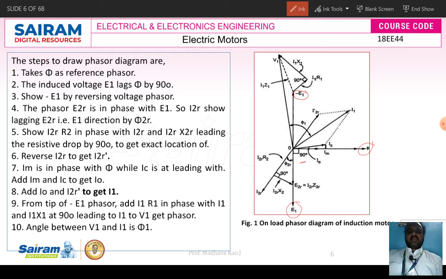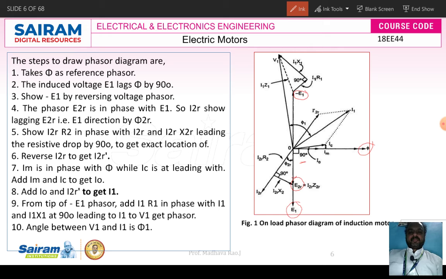The phasor E2R is the rotor running induced EMF. E2R is in phase with E1, so both are in phase with each other.